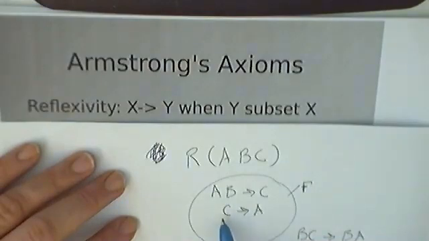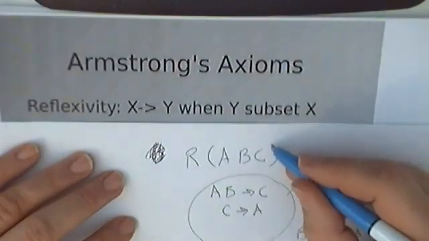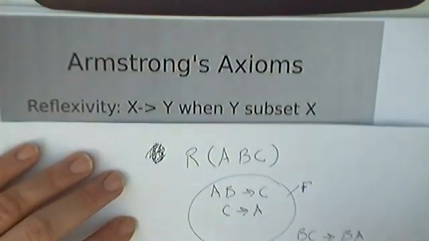We're just doing the augmentation. Let's see, is that it then? AB goes to C, C goes to A. I think that does it. It'd be maybe more interesting if I put a D here, because then we'd have to do all the augmentations there. Anyway, so there's our closure.